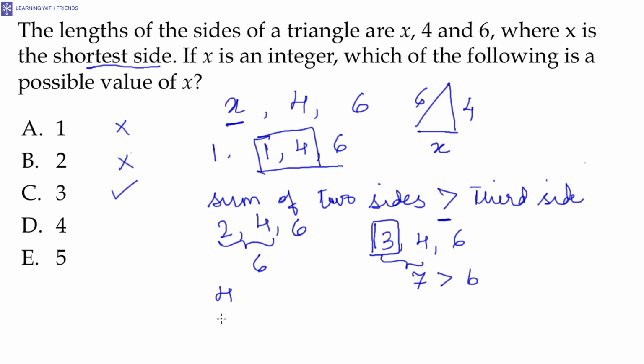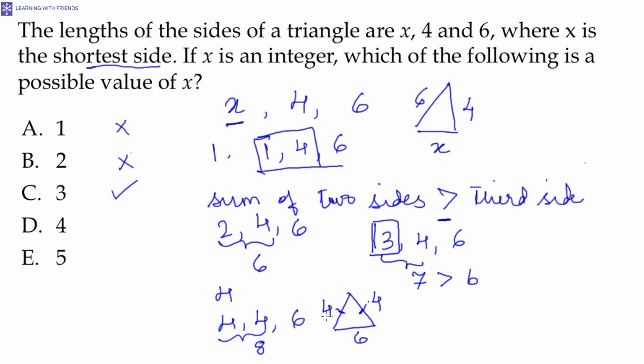Now if we took 4, then my triangle would be 4, 4 and 6. Here the sum of the two sides is 8, which is greater than 6, so that is fine. But a 4, 4, 6 triangle would be an isosceles triangle, like this, where this side is equal to this side.